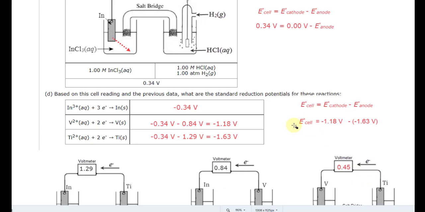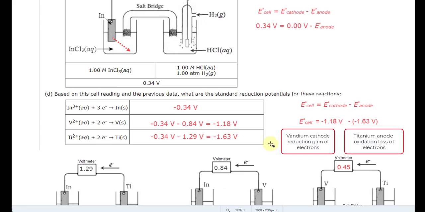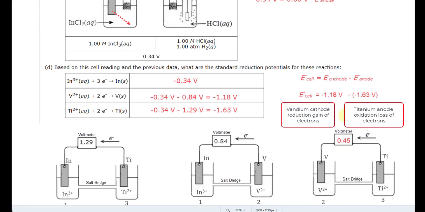Well, 0.45 is equal to negative 1.18 volts, the vanadium, which was the cathode, minus the negative 1.63 volts, which was the titanium. We see that this equation, using the reduction potentials that you'd find on a table for vanadium and titanium, supports our previous answer, the voltage of the vanadium titanium half cell.